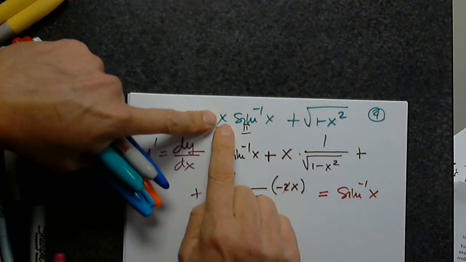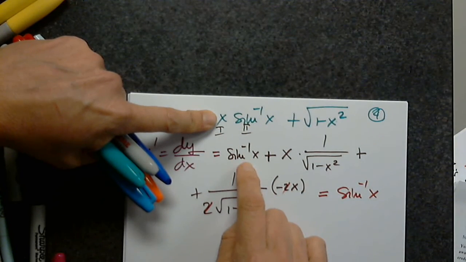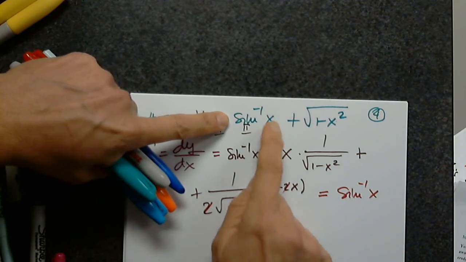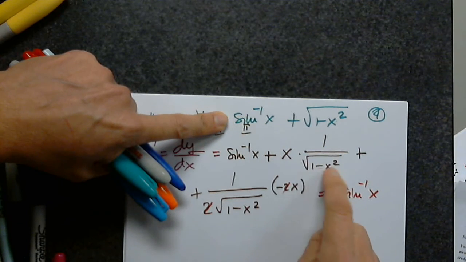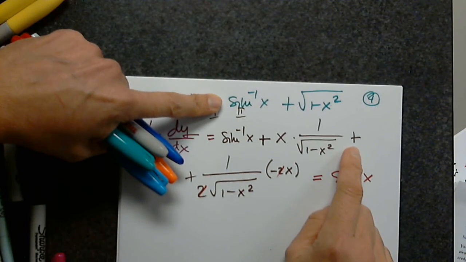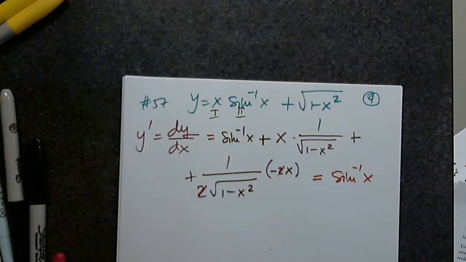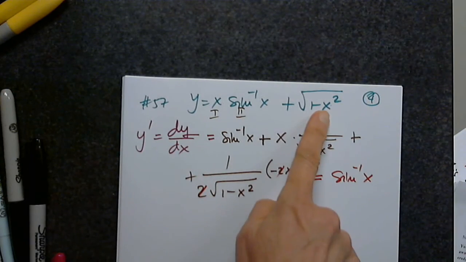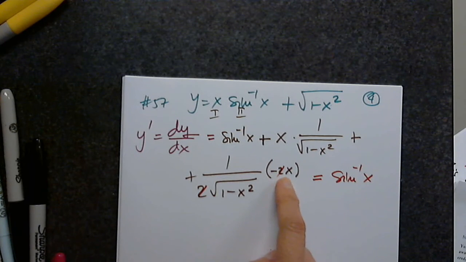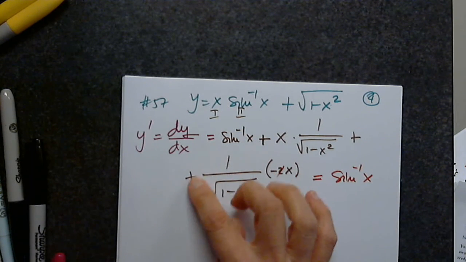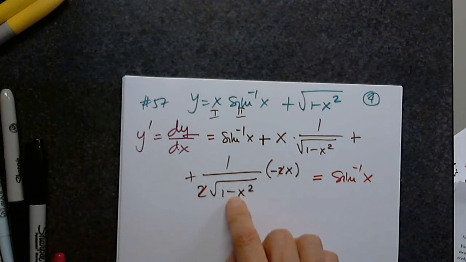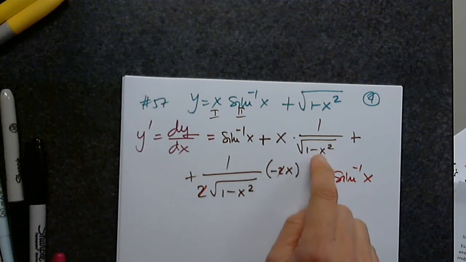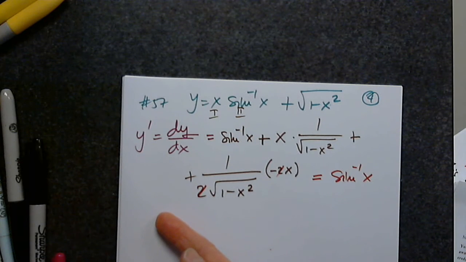The first function prime is 1 times the second function plus the first function times the second function prime, plus this function prime, which you already did a minute ago, 1 over 2 the square root times the inner function prime. So after I simplify 2 with 2, this quantity becomes negative x over this, but this quantity is positive x over this. So that's why these two go away. And the simplified form is sine inverse. Better? Other questions?